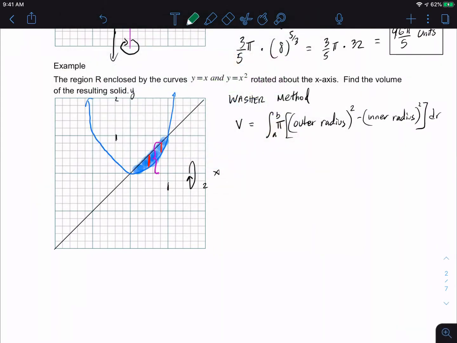The inner radius is this piece here. It's from the inside piece. So that purple one is the distance to the x-axis of y equals x. And the green one is a representation of the distance of y equals x squared to the x-axis. And we're subtracting those to get the area that's in between the two curves, much like we did in 6.1, correct?